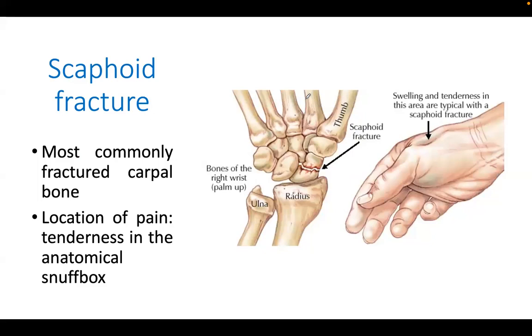Scaphoid fracture, usually falling on an outstretched hand. Scaphoid bone is the most commonly fractured carpal bone. It's usually going to injure the radial artery. So clinically, there is going to be pain and tenderness in the area of the anatomical snuff box.